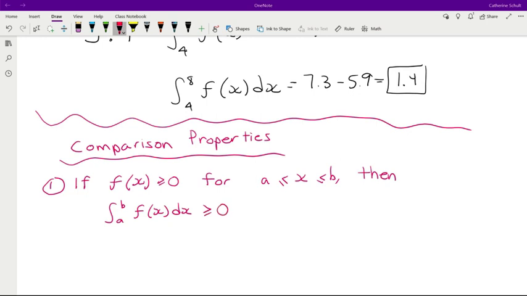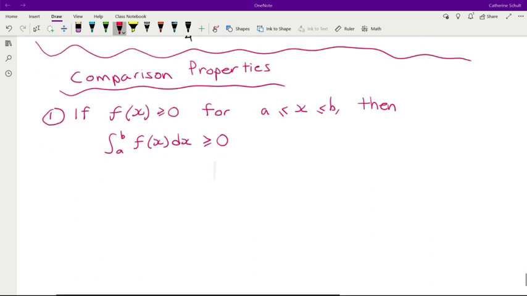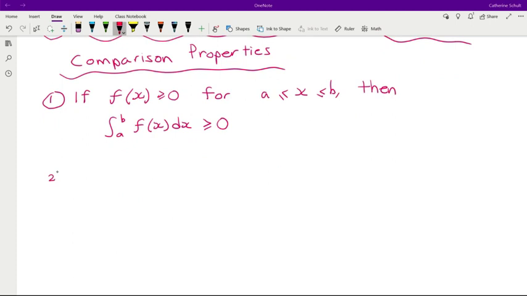Okay, so that one's very visual, right? If our function's above the x-axis, then what we know about net areas and everything, the area also has to be positive as well. Okay, let's look at the next one, our next comparison property.